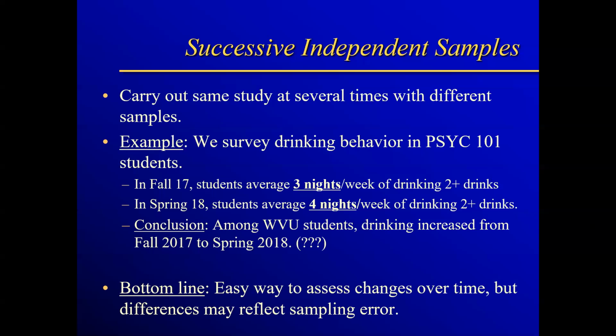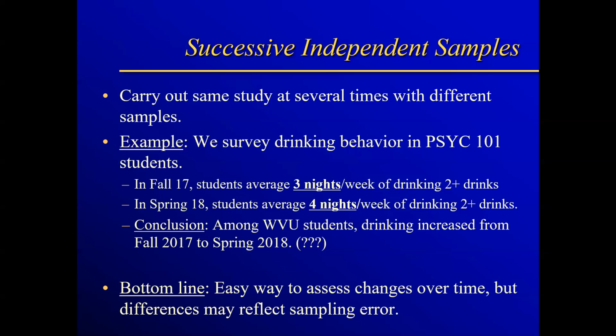But there could be a problem in the sample that we're collecting. We can't truly say that students increased in drinking between fall and spring, because first off, we're not studying the same sample. It's 2 entirely different samples. Maybe it's a result of just the students that we're getting, or maybe it's a result of springtime.